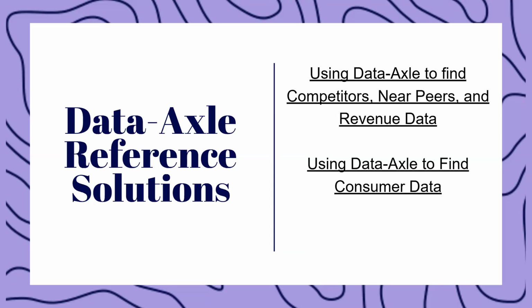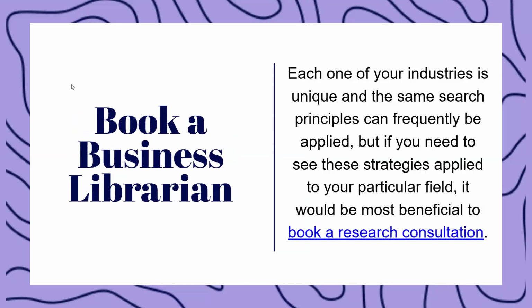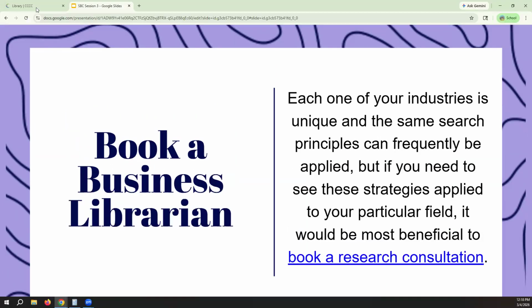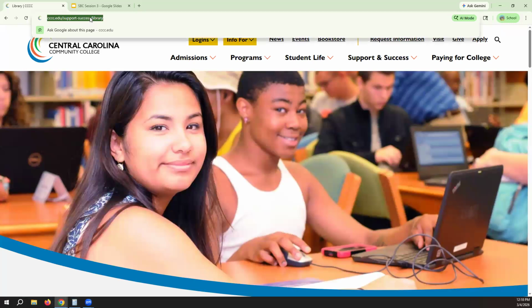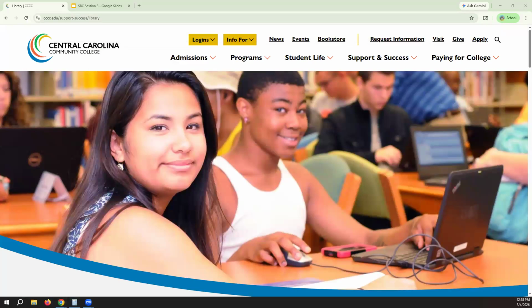So first, I am going to go to the CCCC library. Again, in order to access this database through the CCCC library, you'd actually have to be in the library, but there's that link for you just in case.